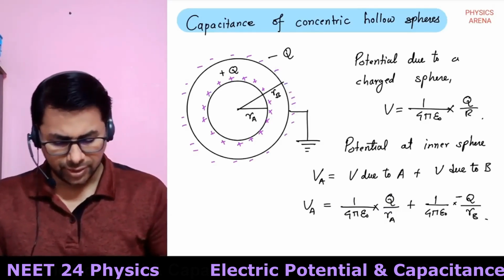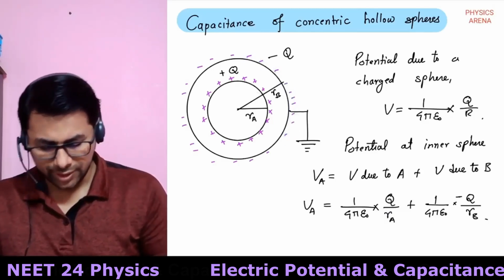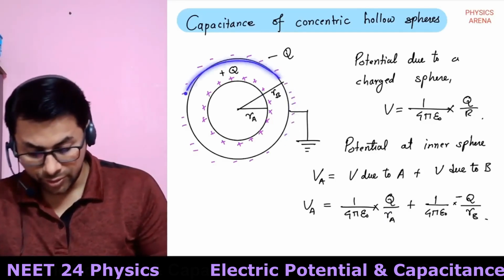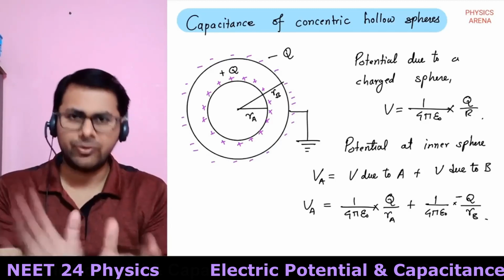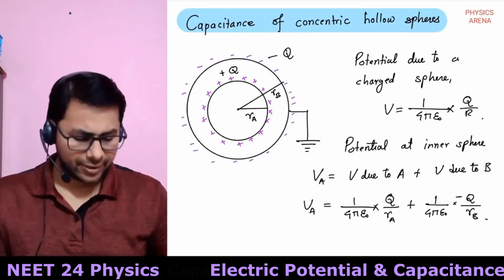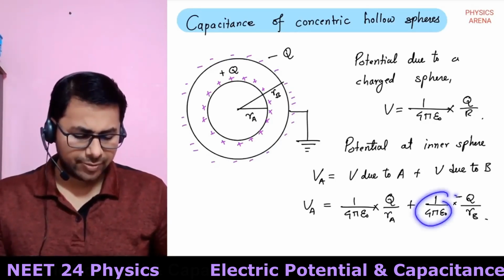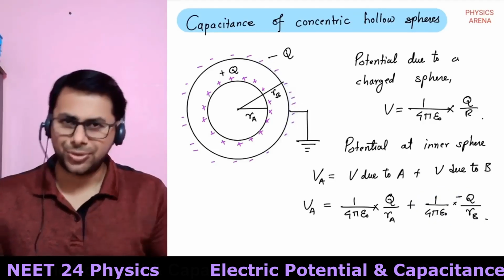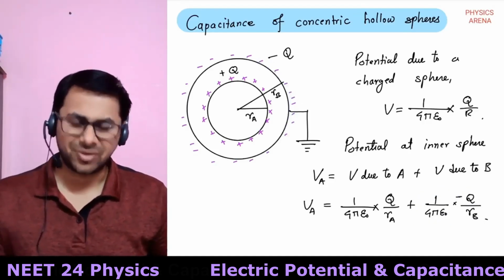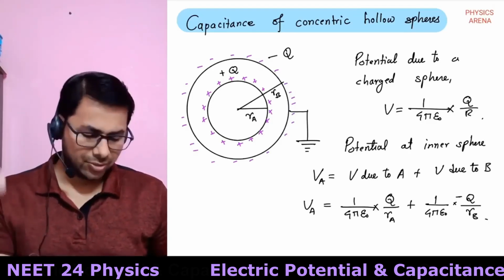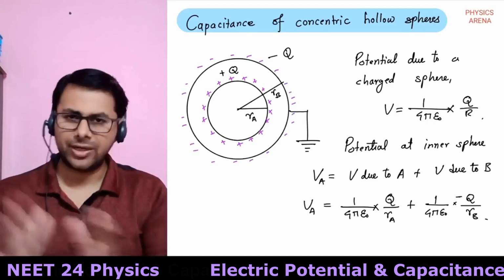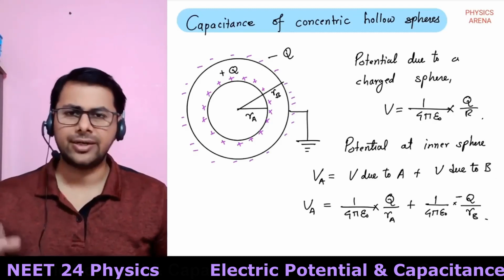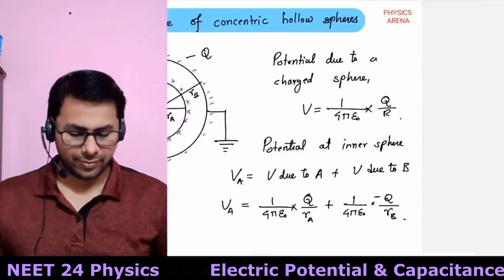And due to this sphere, the potential everywhere is the same, right? So it's 1 upon 4 pi epsilon naught into minus Q upon RB. And on that sphere, due to that sphere is also the same. 1 upon 4 pi epsilon naught into minus Q upon RB. So when you take potential difference, that term will get cancelled out. That's it.